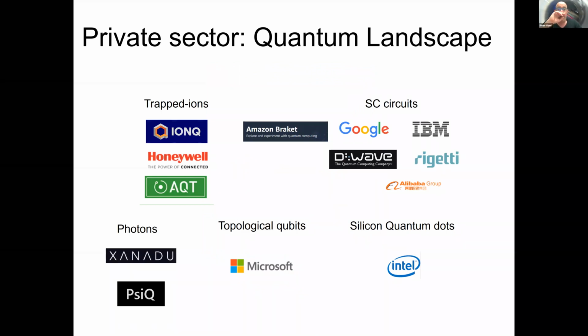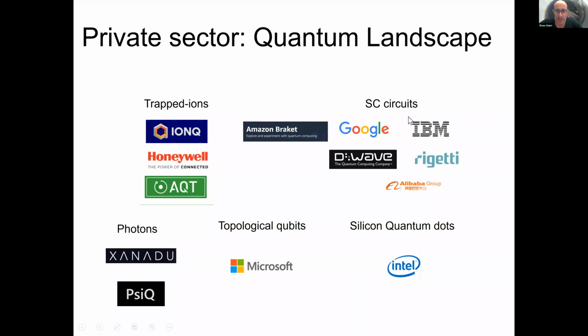The private sector has followed very quickly. Today, as I said, all the big tech giants like Google, like Amazon, like Microsoft, like Intel are invested in quantum computing.